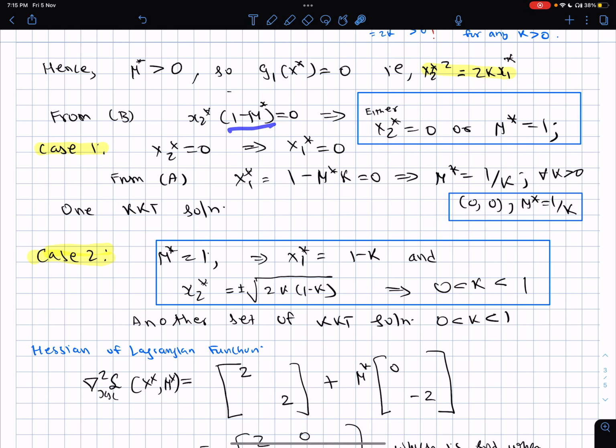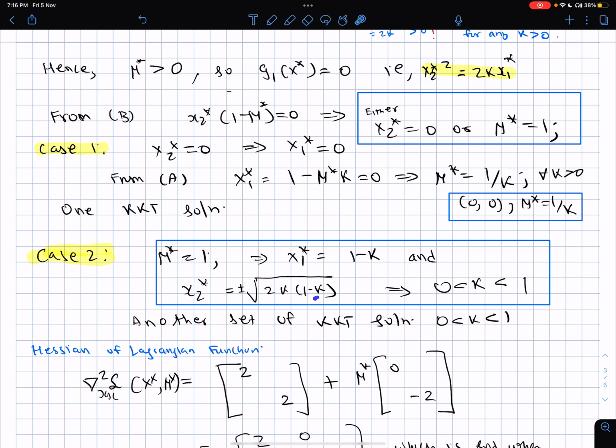Now let's look at the other possibility, that mu star is equal to 1. If mu star is equal to 1, then what does this say? This equation tells you that immediately x1 star is defined as 1 minus k, and substitute x1 star in x2 square equal to 2k x1, which is binding, and you will see that x2 star now admits two possible roots, plus minus under root of 2k into 1 minus k, which immediately means that for this root to exist, k should be between 0 and 1.